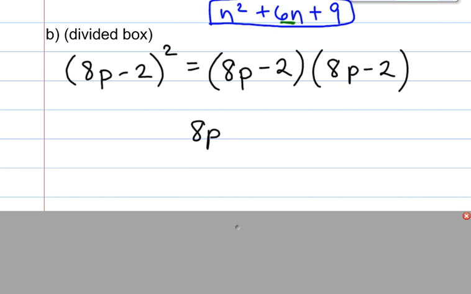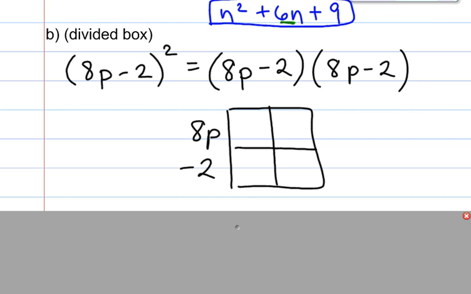So 8p minus 2. It's a binomial times a binomial, so that's going to be a 2 by 2 square. And now multiply. 8p times 8p is 64p squared. 8p times negative 2 is negative 16p. Negative 2 times 8p is negative 16p. And negative 2 times negative 2 is positive 4.